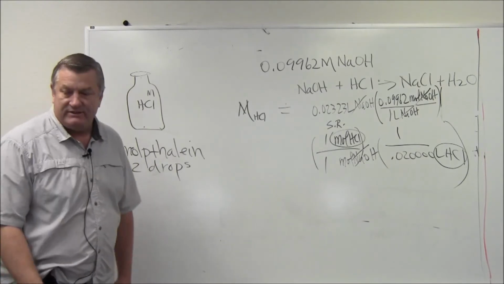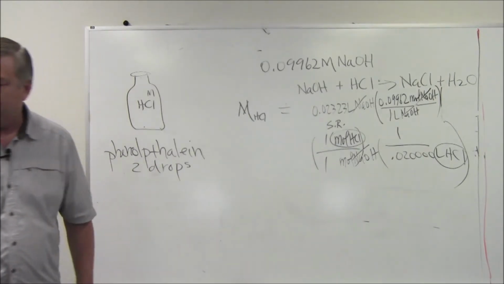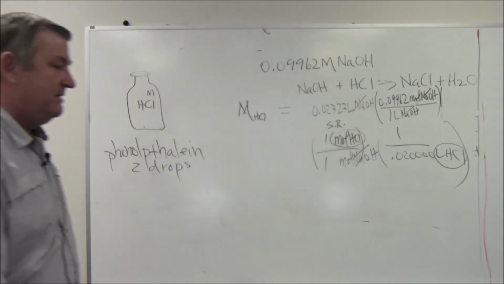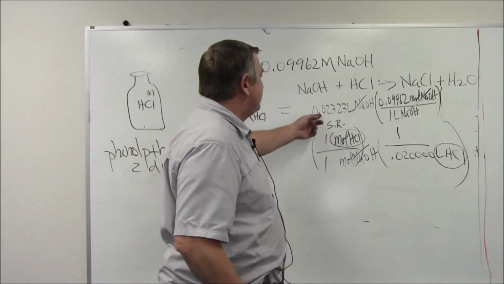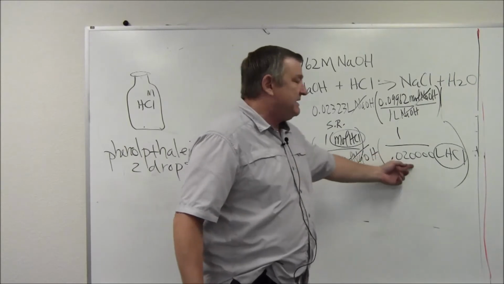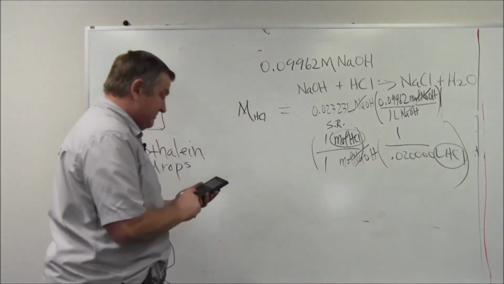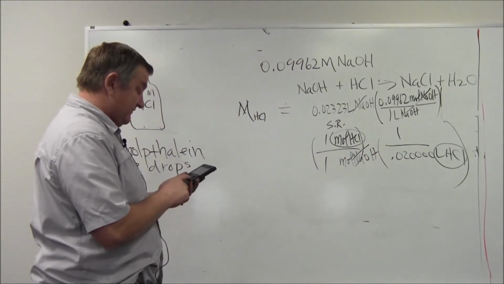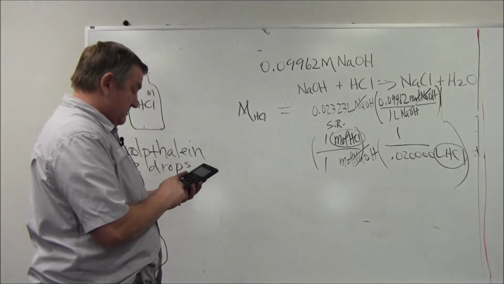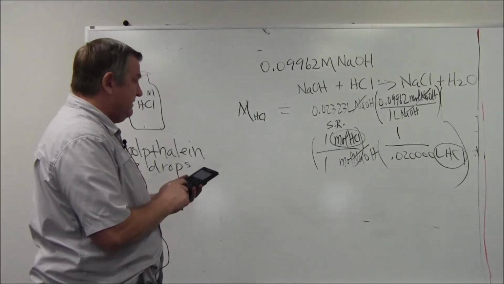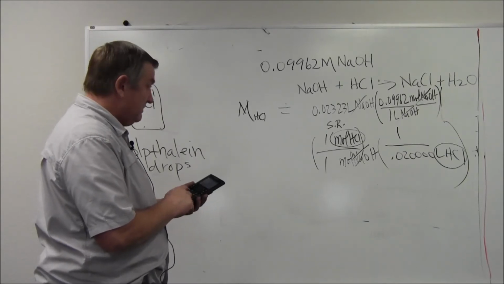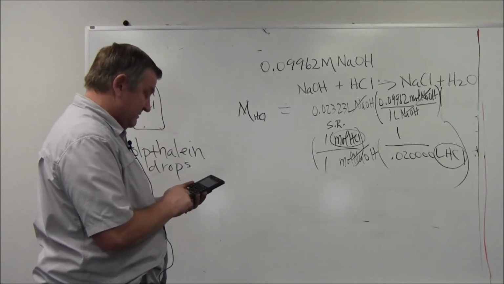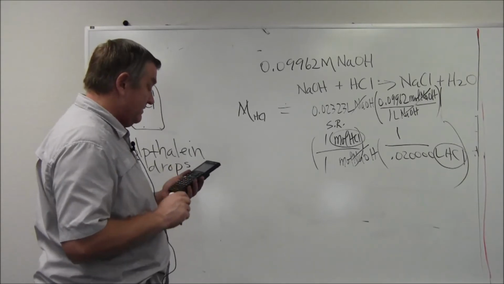So I do it on my calculator. Let me get my calculator. And I'm going to go this times this divided by this. And that'll be the molarity of my unknown to four significant figures. 0.02323 times 0.09962 divided by 0.02, enter.